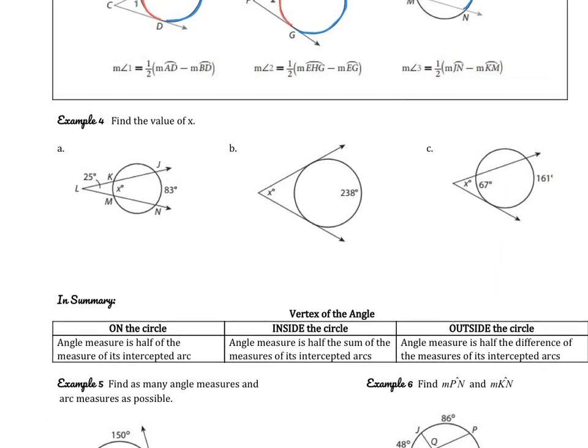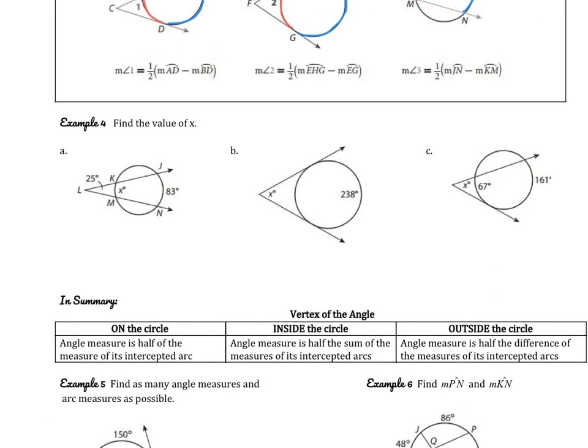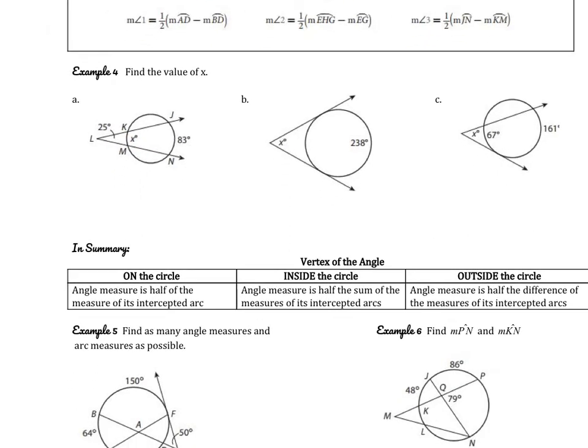Okay, so let's have a look at example 4. So in this first example, part A, we're actually asked to find the measure of arc KM. So we can set up the same equation. The measure of the angle, 25 degrees, is 1/2 times the difference of the intercepted arc.